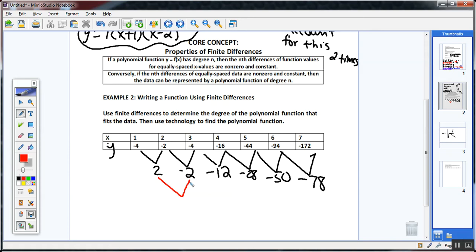What is -2 minus 2? -4, right? Somebody do -12 minus -2 here. Should be -10, shouldn't it? -28 minus -12 would be -16.